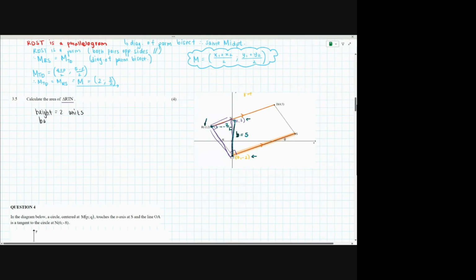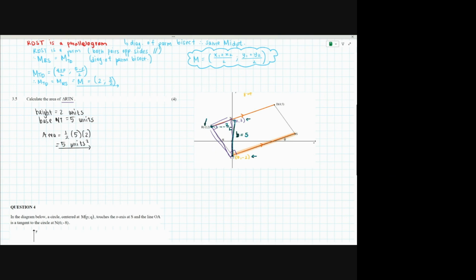My base, NT, is equal to 5 units. And so my area is equal to half base times height, which gives me 5 units squared. And that's it.